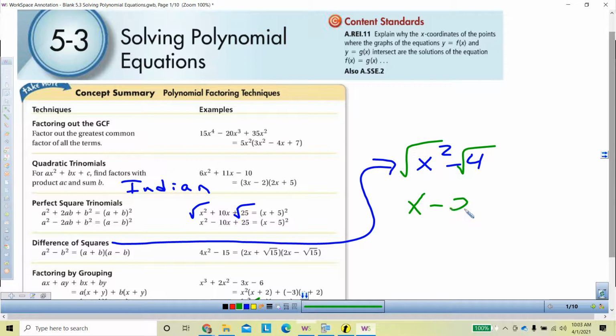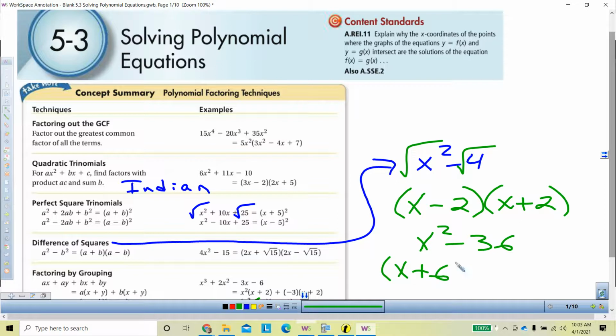So it's x minus 2 and x plus 2. Okay, if I have x squared minus 36, x plus 6, x minus 6. Those are the easy ones you pray you get in the homework because the other ones are just freaking nasty.